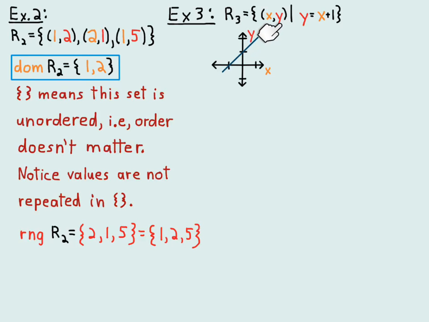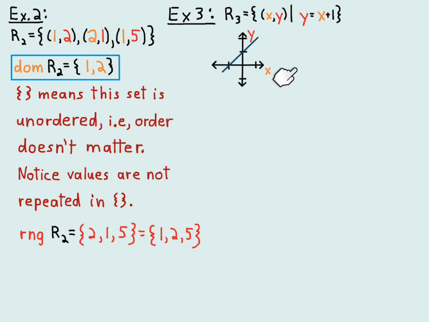Okay? So what's the domain going to be? Well, the set of all possible first coordinates. Well, you can get this first coordinate at that point. You can get this first coordinate at that point. And since it keeps going, I can get any first coordinate I want. Right here, the point would be down here. So the point down here has this as the first coordinate.